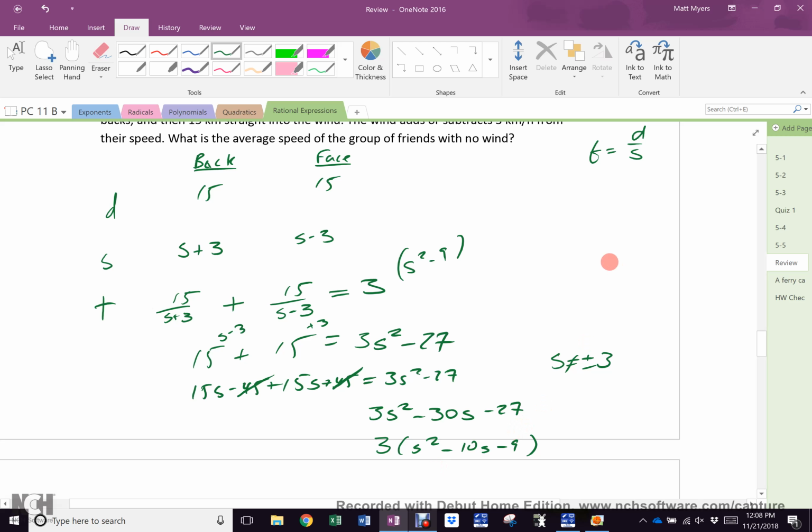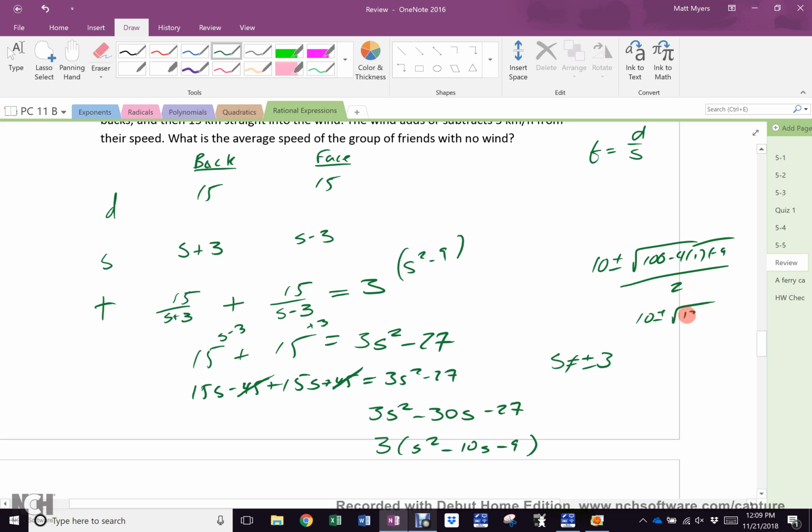Because this is, of course, negative b, which is what? 10 plus or minus the square root of 100 minus 4 times 1 times negative 9, over 2. 4 times negative 9 is what?